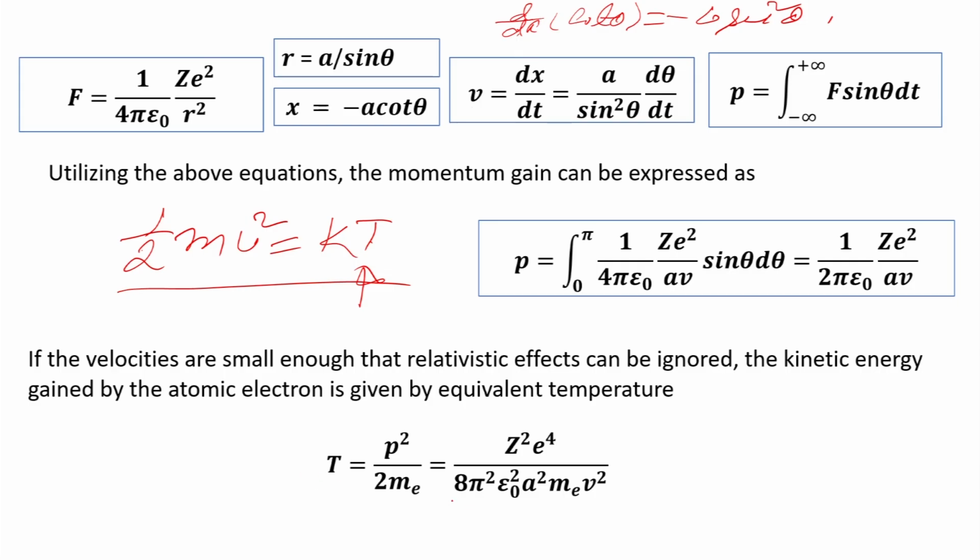So, now you see, we have expressed these terms. If you put all those terms here in terms of P, then this is the momentum gained, or you can say this is the energy transfer from the moving charged particle to the atomic electron.